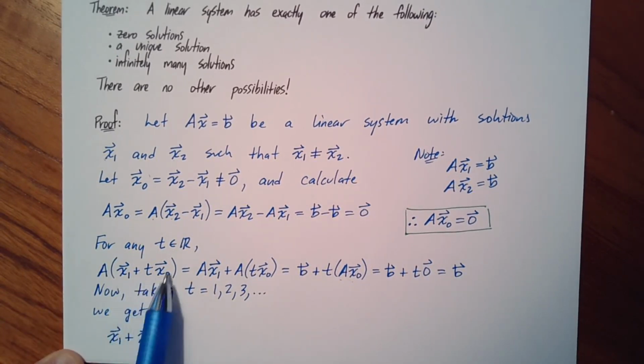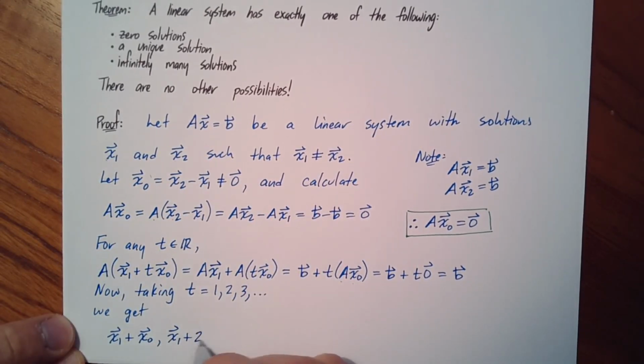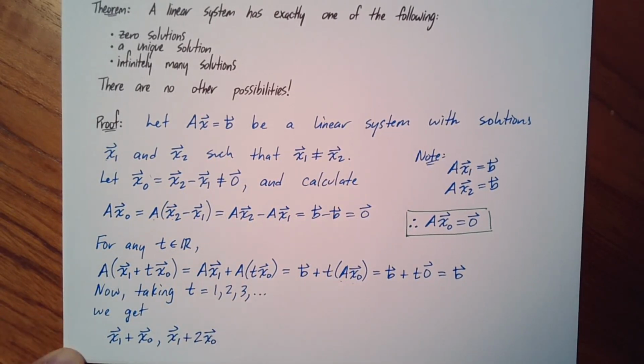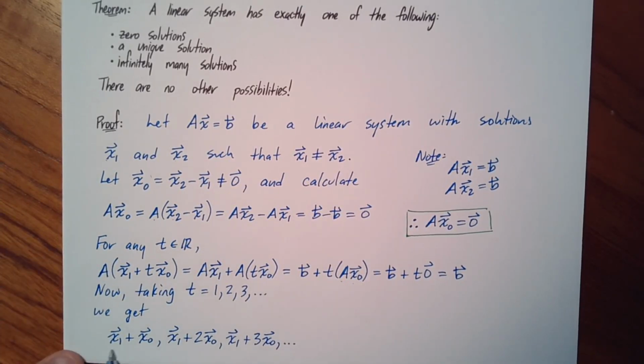That's what I get if I take t equals 1 in this expression. x1 bar plus 2x naught. That's taking t equal to 2 in this expression. What about the next one? x1 bar plus 3x naught, and so on. Really what we're going to get is an infinite list of solutions.